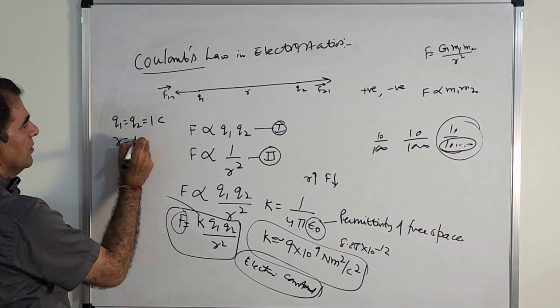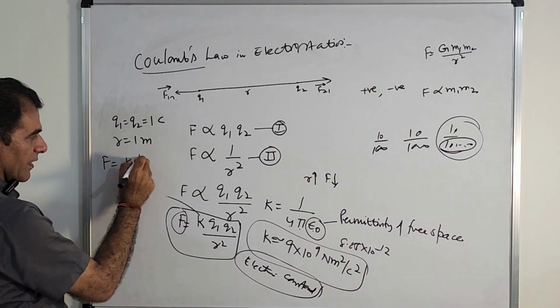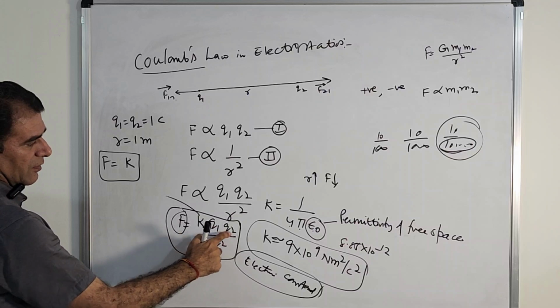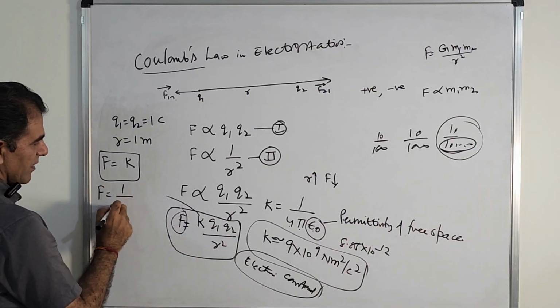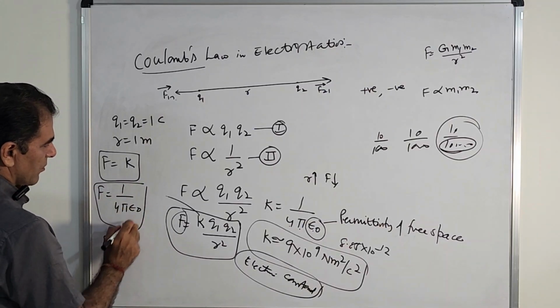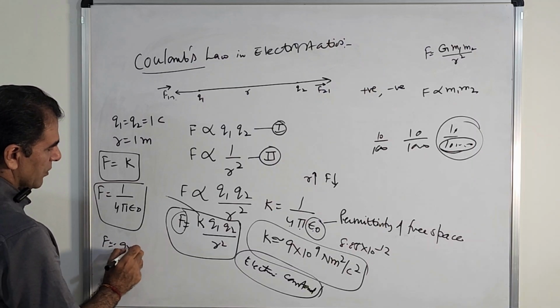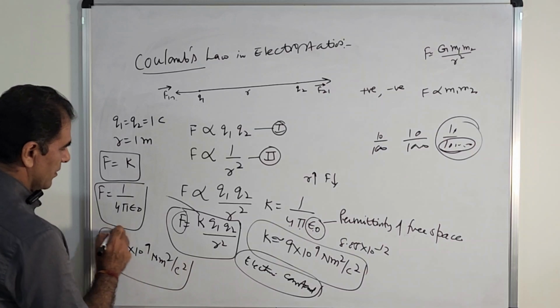Then R equals 1 meter. Then F will be equal to K, right? Because these are 1, 1, 1, so F equals K. Or F equals, what is K? 1 by 4 pi epsilon 0. Or what is this value? 9 into 10 to the power 9 Newton meter square per coulomb square.